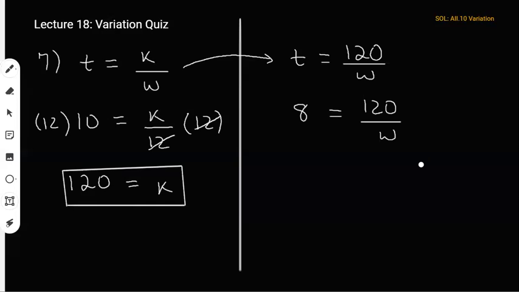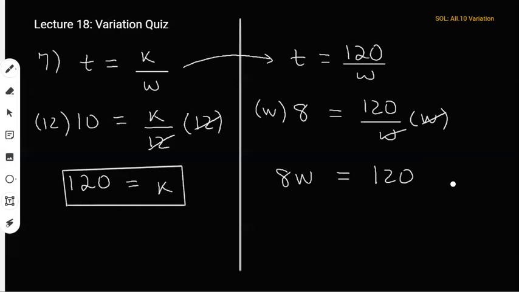So since w is in the denominator, I need to multiply both sides by the W. So I get 8 times W is equal to 120. The W on the top is going to cancel out with the 1 at the bottom.